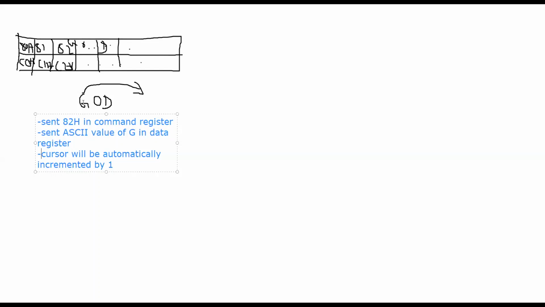If I want this G to display on 82, this 82 will first be sent to the command register. Then the ASCII value of G will be sent to the data register. And where you will write GOD, GOD will be written in the lookup table. For that you will be using a lookup table. What register will you use to bring the data from the lookup table? Can someone tell me?